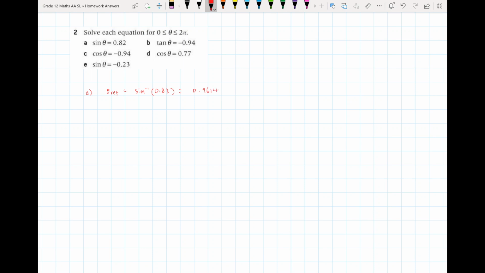So in my case here, I will keep 4 sig figs for my angles that are not part of the final answer. Here, sine is positive in quadrants 1 and 2. So I will do quadrant 1's answer, and then I will do pi minus to get the second quadrant answer. Okay, so continuing on.